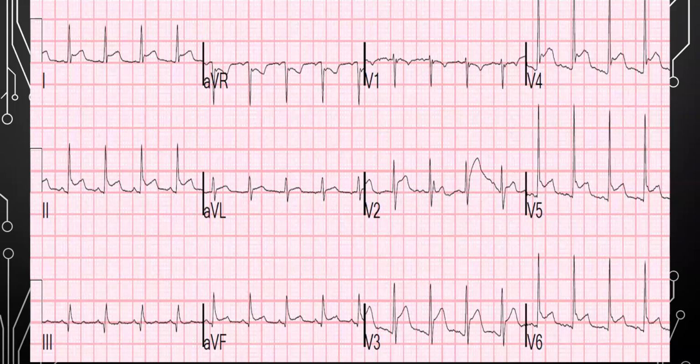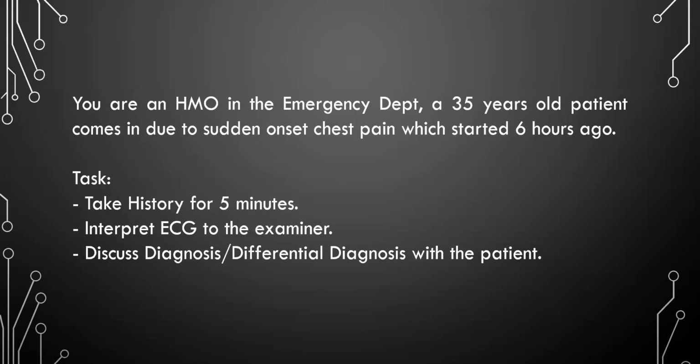In the ST segment, I can see concave ST depression mostly in most leads. Yeah, thank you so much, examiner. I cannot appreciate any other problem. So can I see my task again, please?